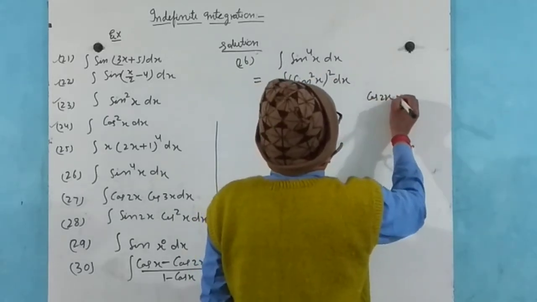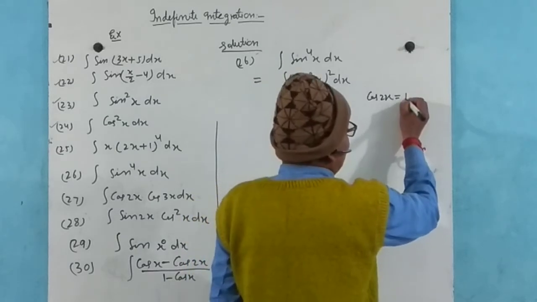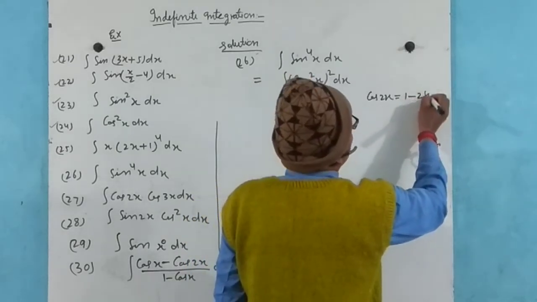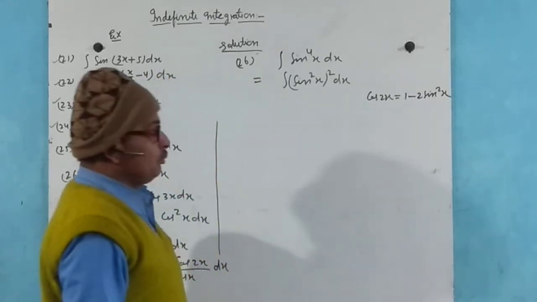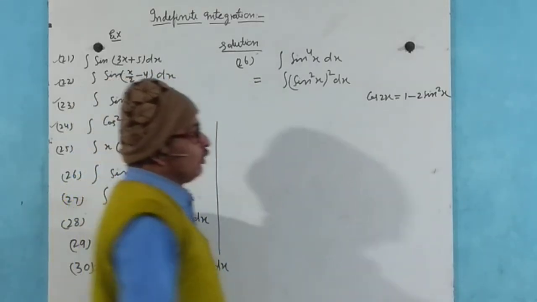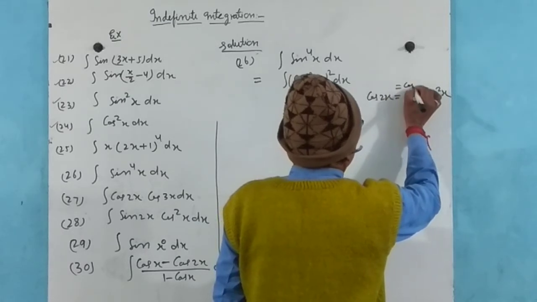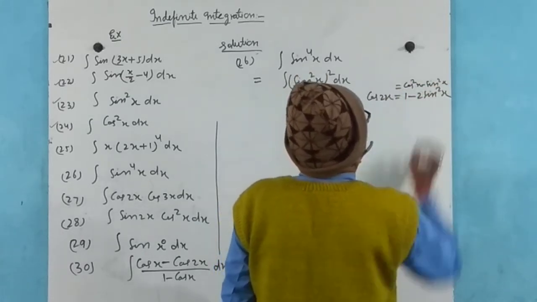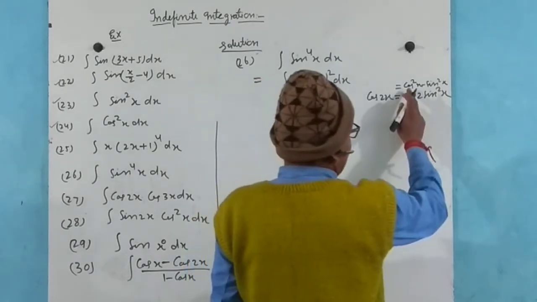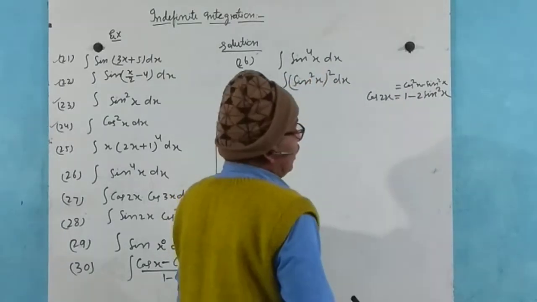cos 2x. As you know that cos 2x equal to 1 minus 2 sin square x, because cos 2x equal to cos square x minus sin square x, and again put 1 minus sin square x for cos square x, so that 1 minus 2 sin square x.